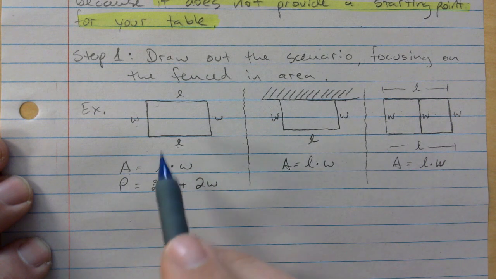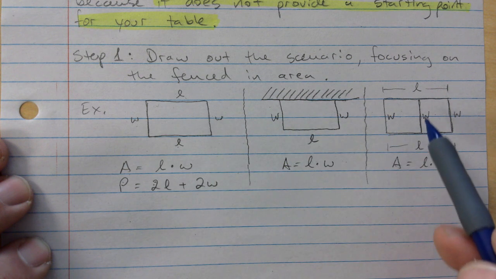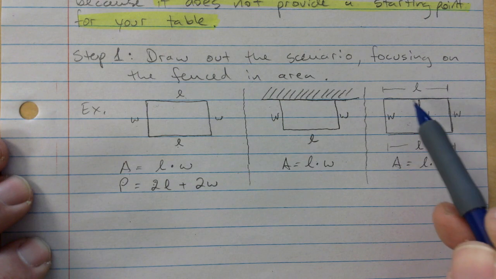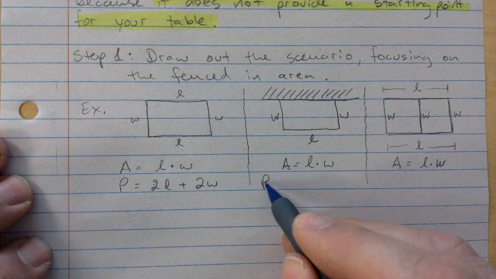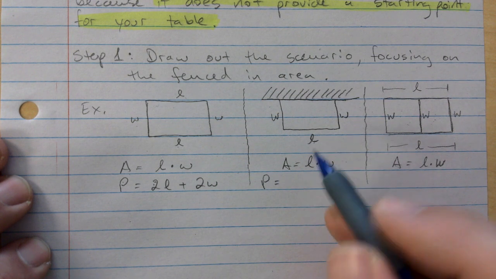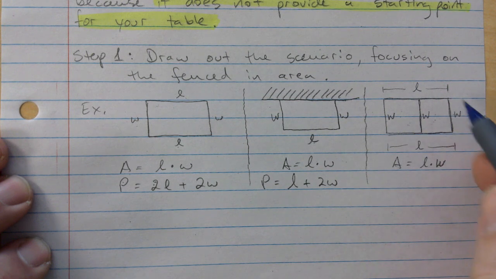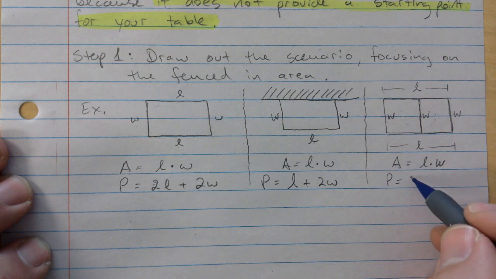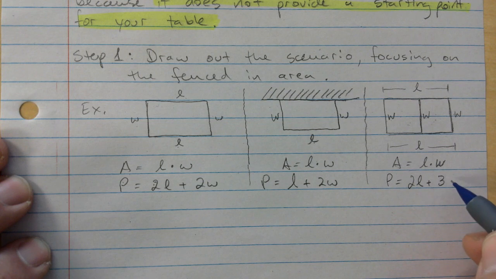Area for all of these, like if you wanted to find the complete area inside of that fenced in section, in this case you would split it in half, but still, if you add up those areas, it's always length times width. The perimeter changes, right? In this case, it would just be length plus 2 widths. In this case over here, the last one, perimeter would be L and L, so 2 lengths plus 3 widths here. Okay, so that changes.